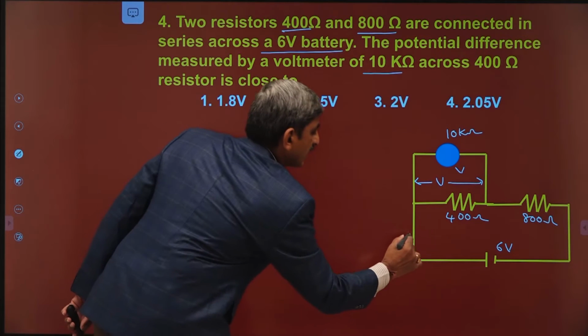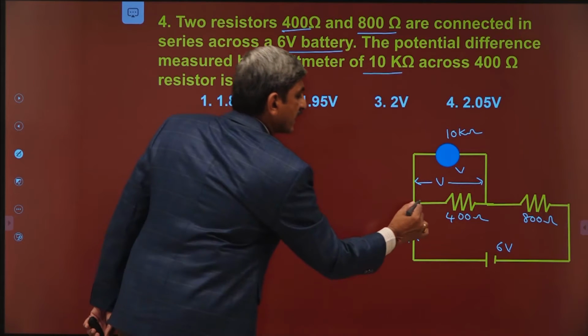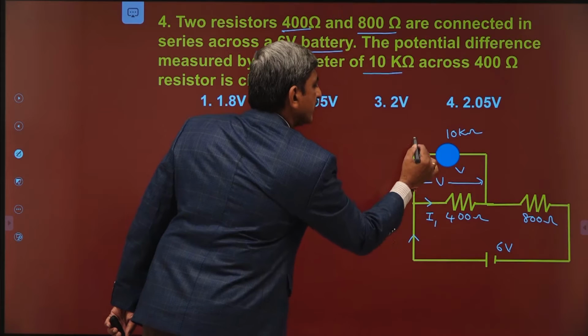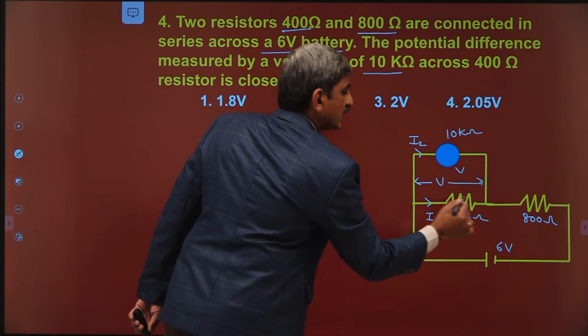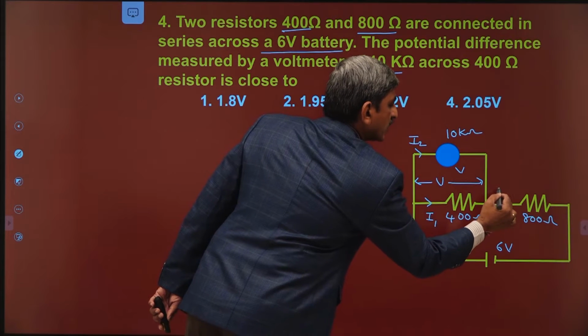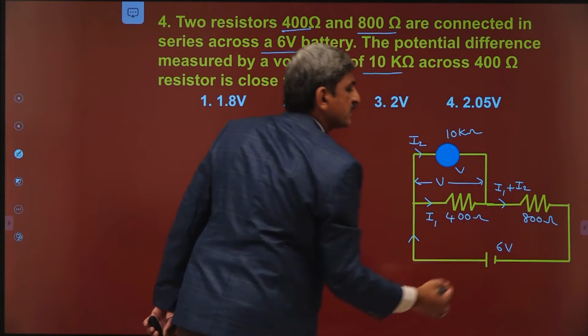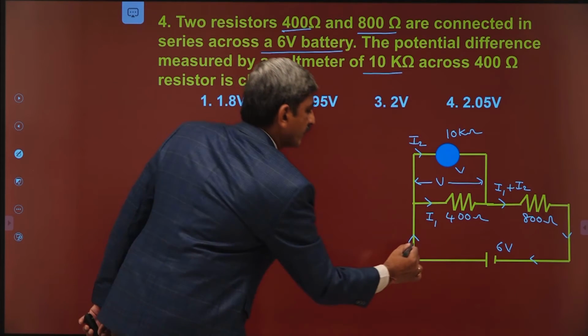For that, let us assume that a current I starts from the battery. That current I divides into 2 portions, let it be I1 and I2. Again at this point, the 2 currents combine and the total current I1 plus I2 passes through the 800 ohm resistance and comes back to the negative terminal of the battery.